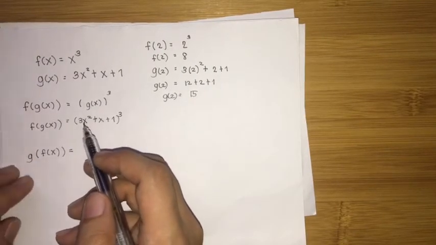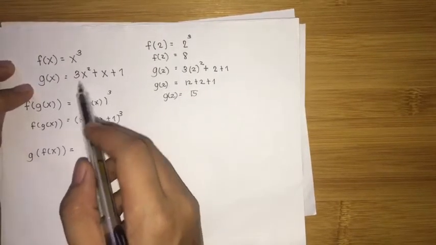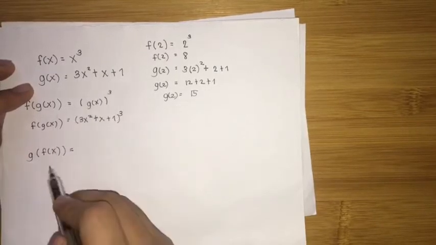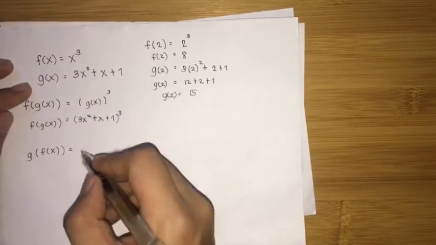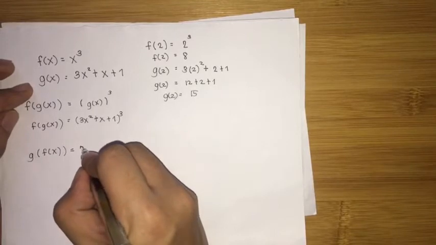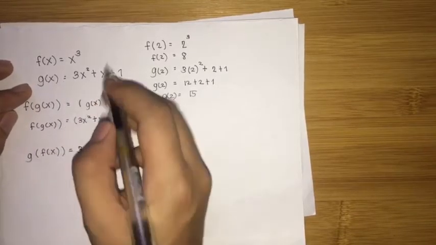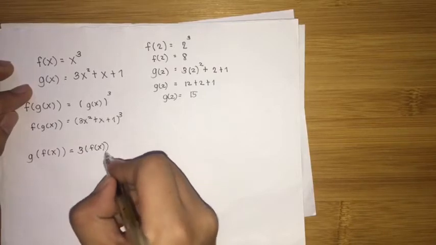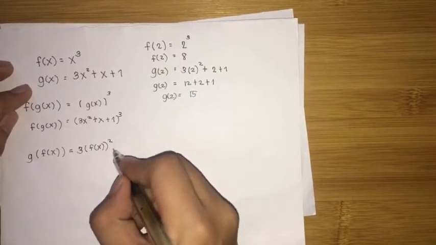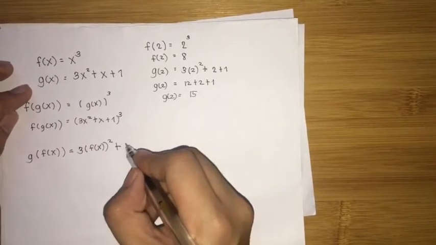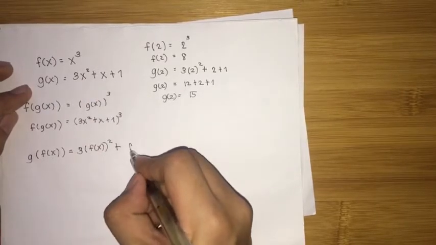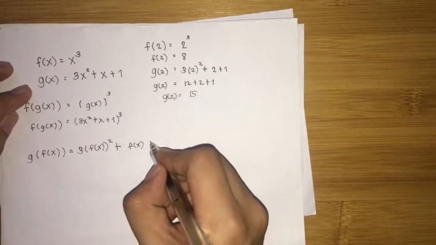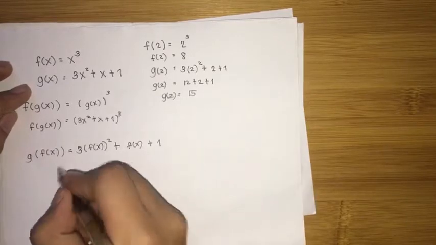Isa-substitute natin sa lahat ng x ng g of x yung mismong f of x. So magiging 3 times f of x squared plus f of x, plus 1.